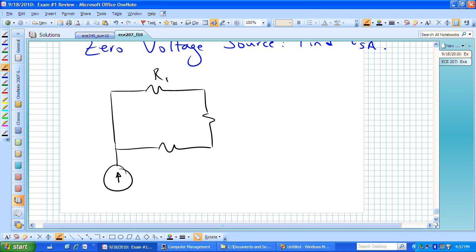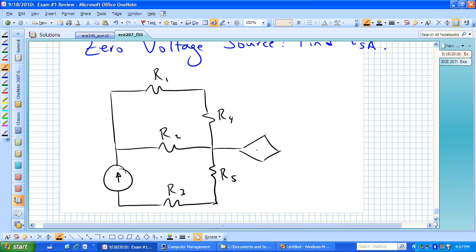Here's R1, R sub 4, R sub 2, R sub 3, R sub 5. We need to keep that dependent source there, which is a dependent voltage source. Here's R sub 6.